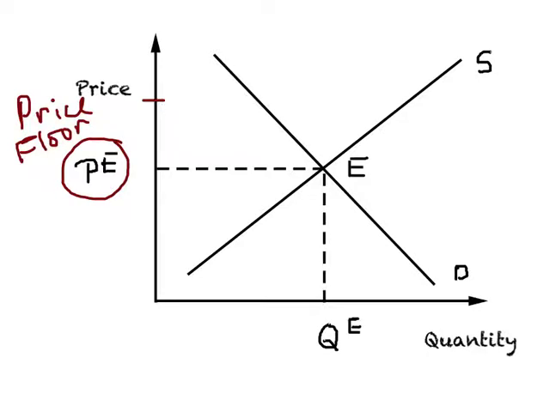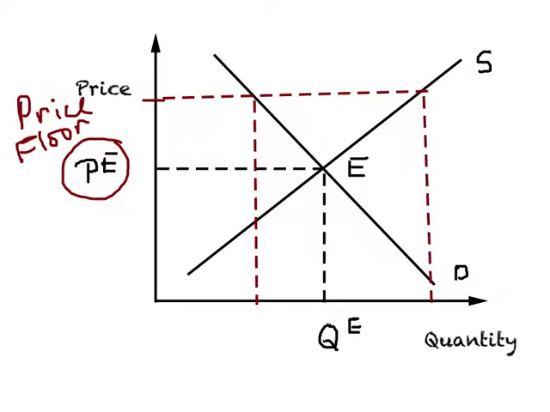Let us extend this price to our demand and supply curves, and what we find is at this price, quantity demanded is less, quantity supplied is more. Let's write this QD and QS.